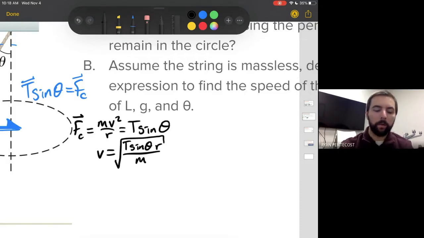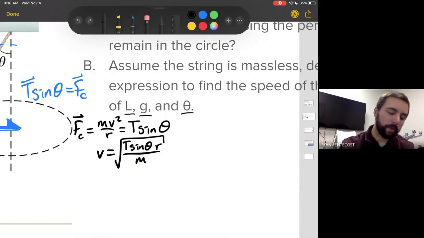But it only wants theta, which we have, g, which we don't have, and L, the length of the string, which again, we don't have. So to get rid of the variables we don't want, which would be r, tension, and mass, we need to solve for them and substitute them into the equation.